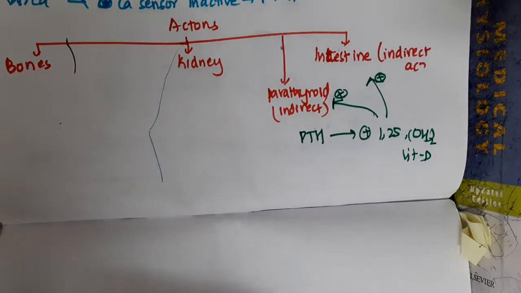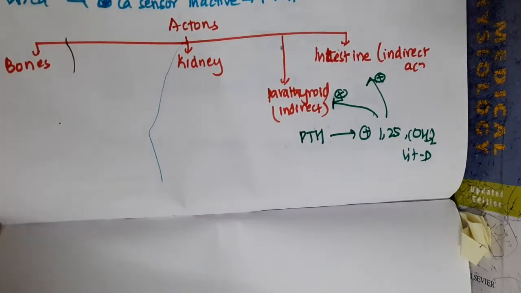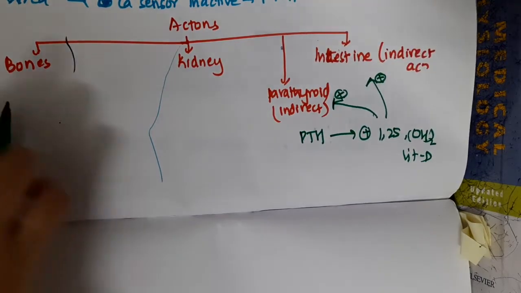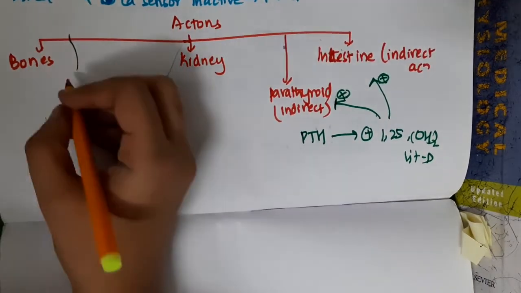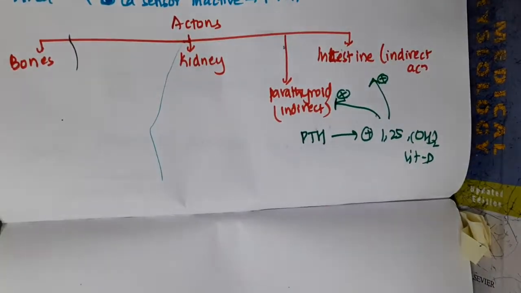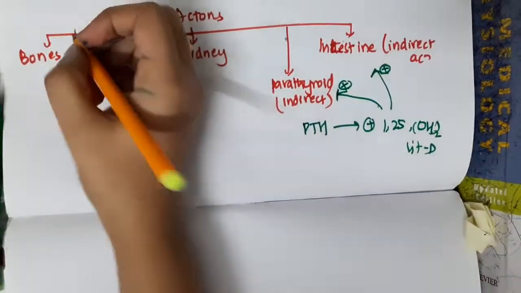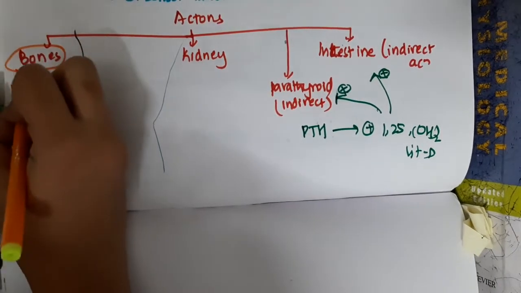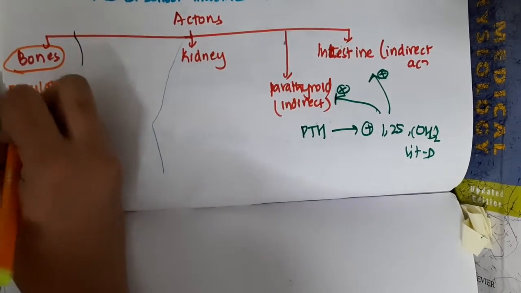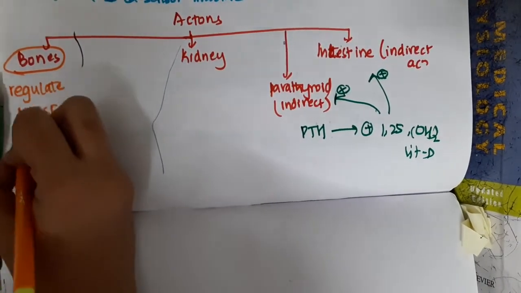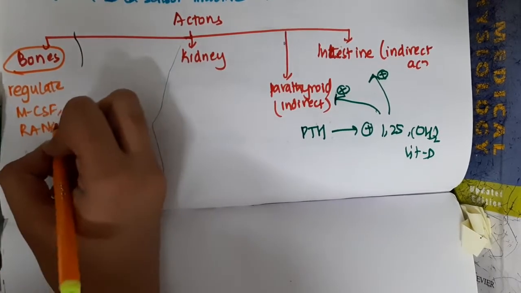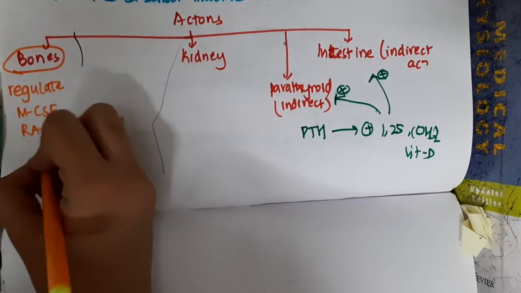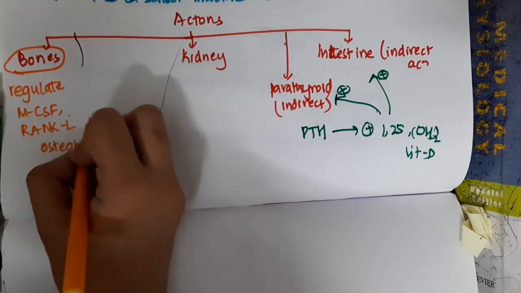So the action of parathormone on the intestine and parathyroid is through vitamin D, not directly. Whereas what is happening in the bones? What are the actions of parathormone on bone? In the bone, it will regulate M-CSF, RANK ligand and osteoprotegerin in osteoblasts.